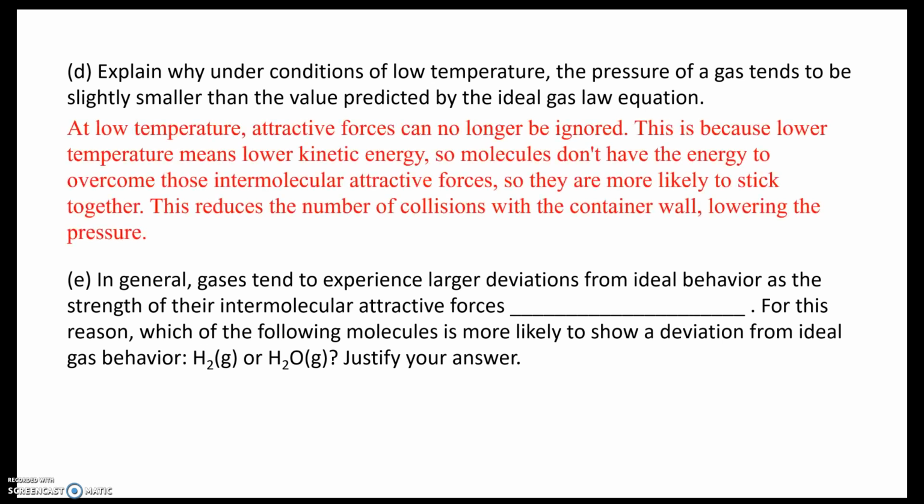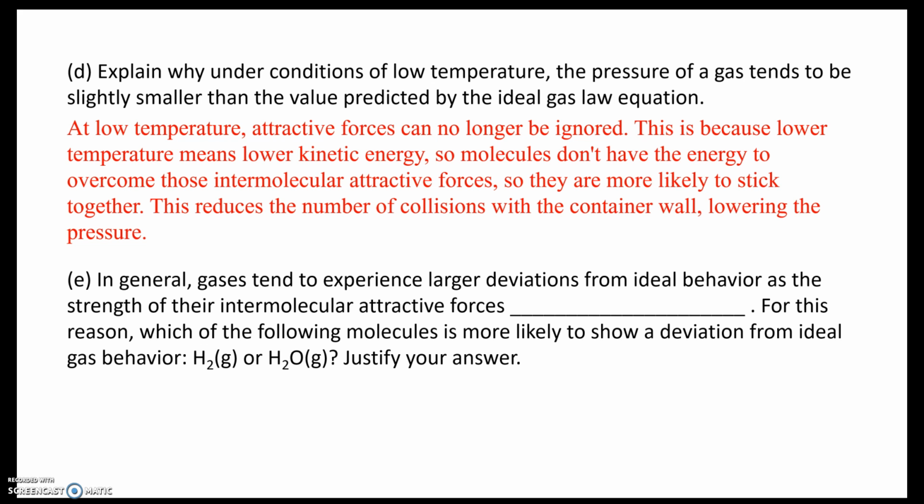So at low temperature, attractive forces can no longer be ignored. And this is because at lower temperature, that means I've got lower kinetic energy, so molecules don't have the energy to overcome these intermolecular attractive forces, so they're more likely to stick together. And that reduces the number of collisions with the container wall, and that lowers the pressure.